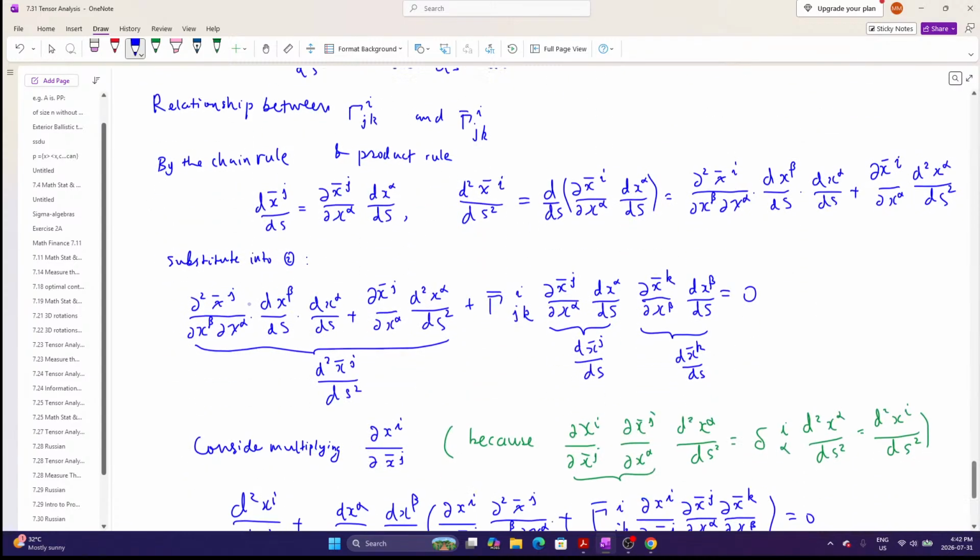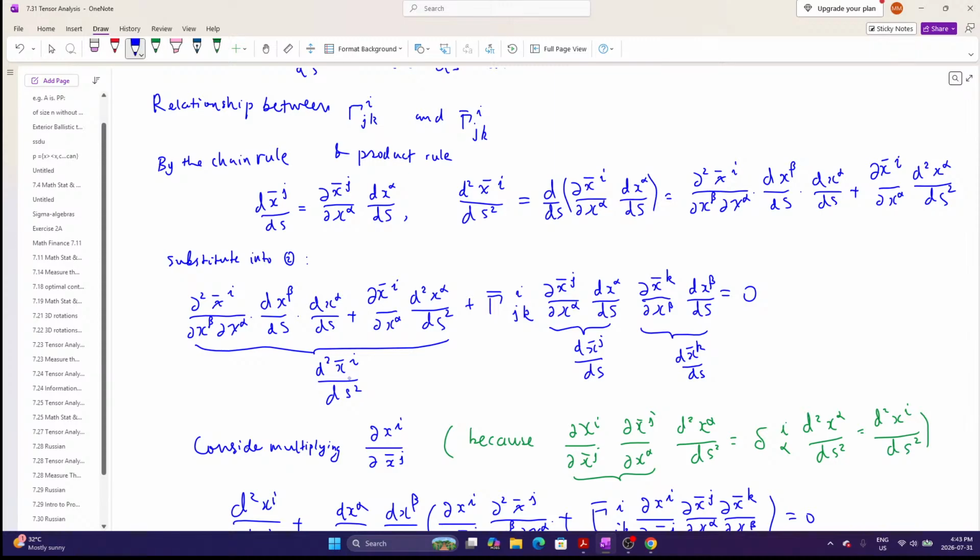So there's got to be some changes down here. I is a free index. So yeah, this should be I. Okay. So other than that, so far this step is fine.